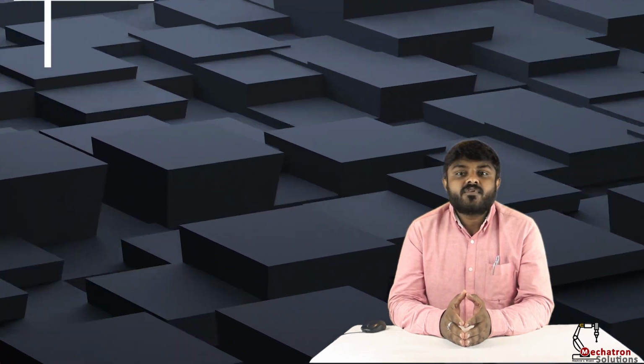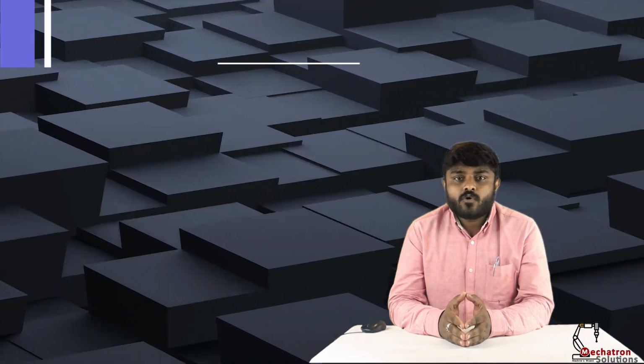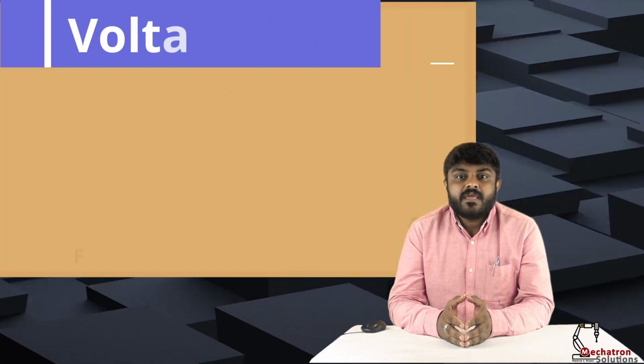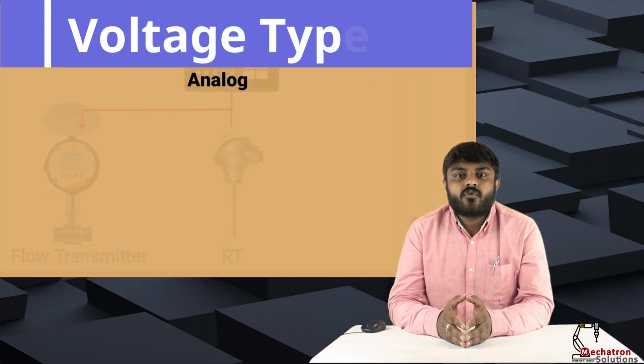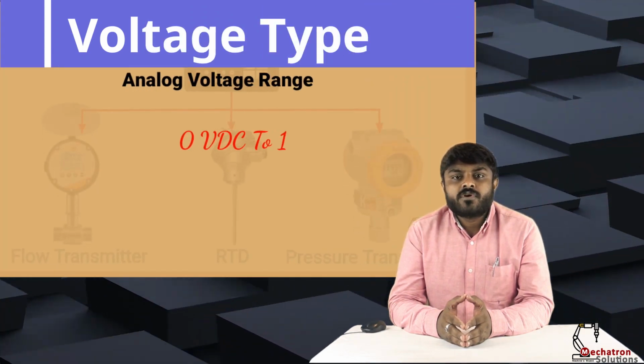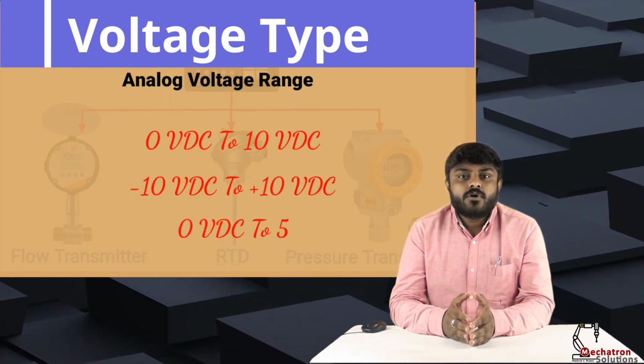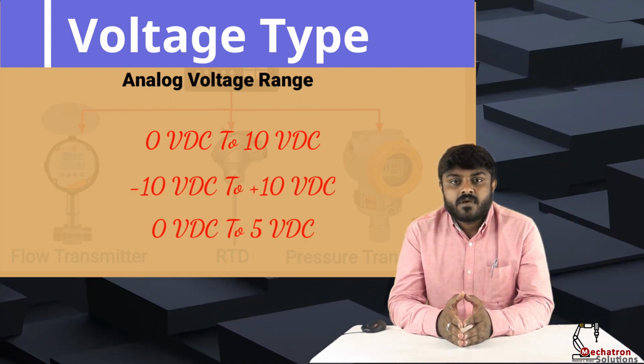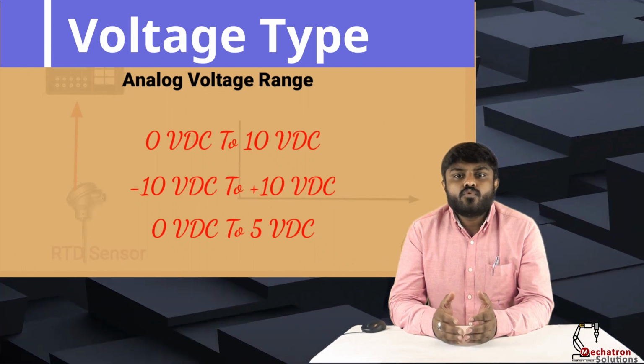The standard ranges for analog input and output are: first, in voltage we can select 0 to 10 volt DC, -10 to +10 volt DC, or 0 to 5 volt DC.